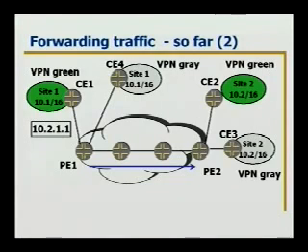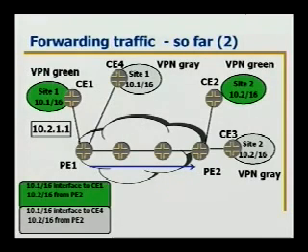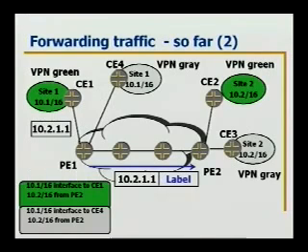The packet would arrive from C1 to P1 over the interface that's connected to VPN Green. P1 would know that it needs to look in the green forwarding table to forward this packet, and it would correctly decide it needs to send it to P2. The packet would travel across the label switch path to P2 and arrive at P2.